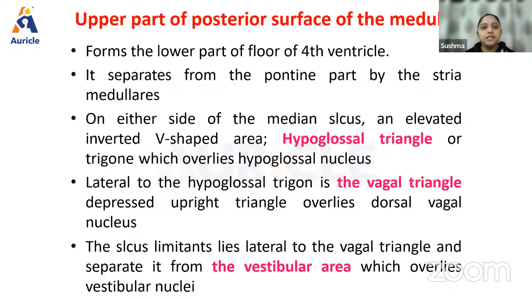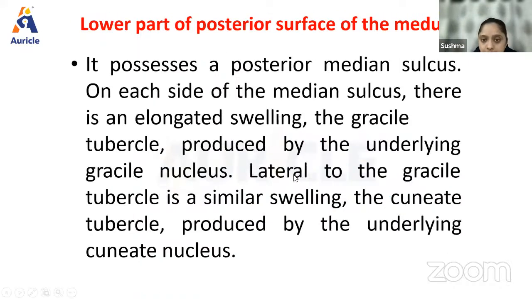Let me give you a brief overview of this tract. The dorsal column pathway is the medial pathway which carries proprioception, vibration, and crude touch. The first order neurons come from the receptors, go into the spinal cord on the same side, ascend upwards, and reach the gracile and cuneate nuclei. From these nuclei, the second order neurons arise, which form the internal arcuate fibers.